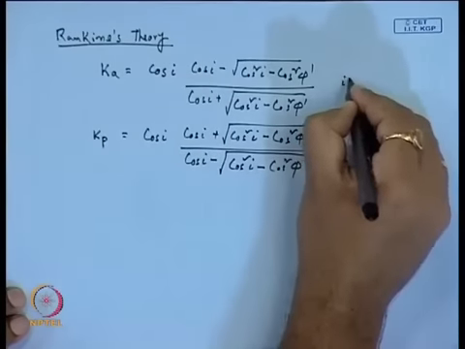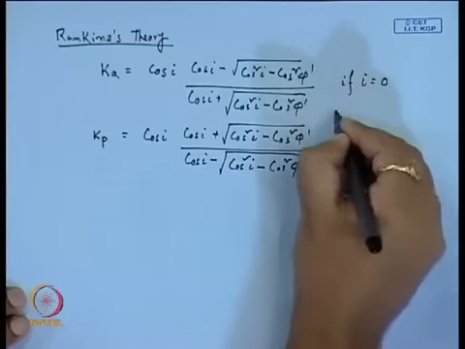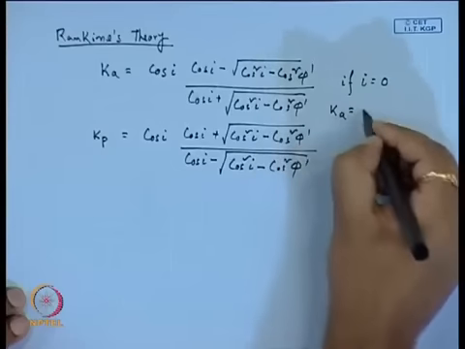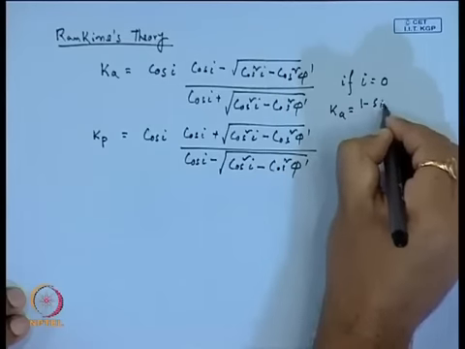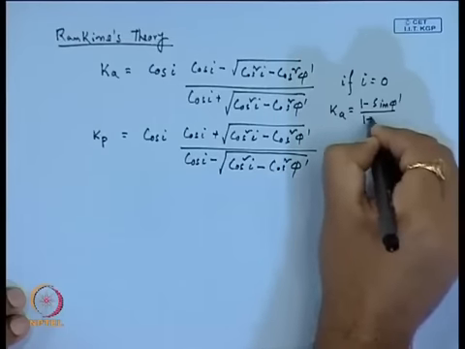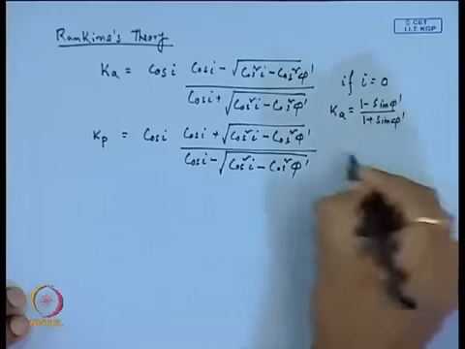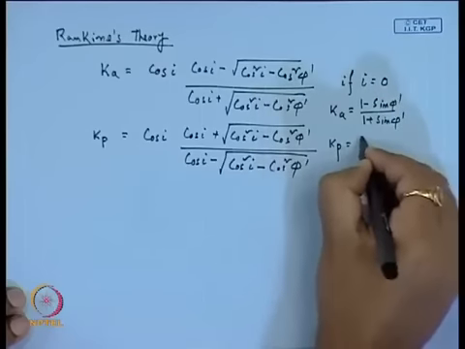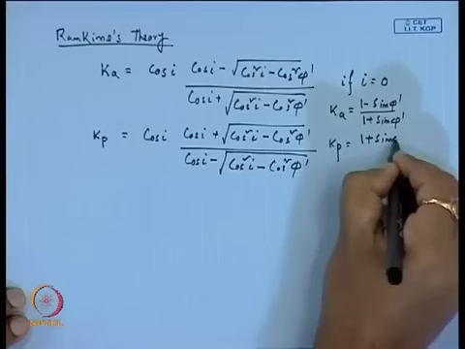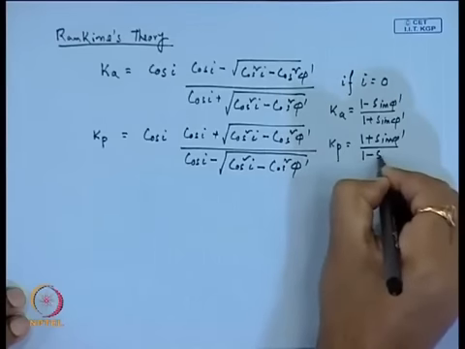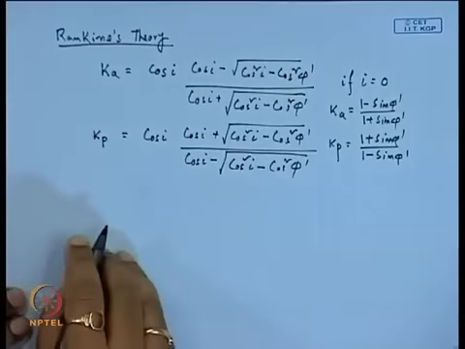If I is equal to 0, then K A for the Rankine case is 1 minus sin phi dash over 1 plus sin phi dash, and K P is just reversed: 1 plus sin phi dash over 1 minus sin phi dash.